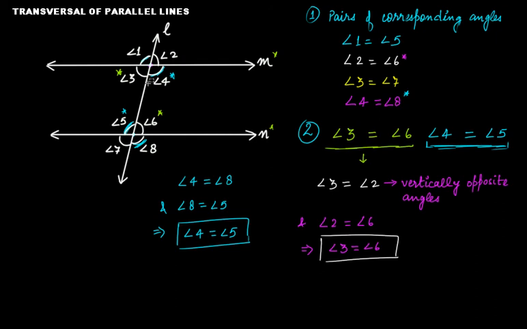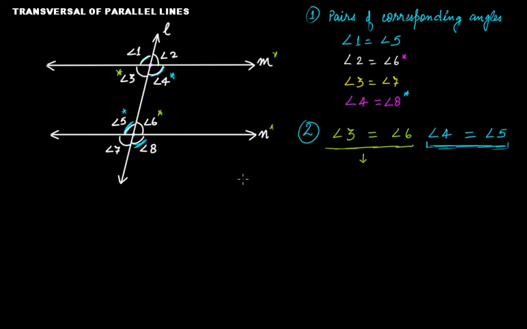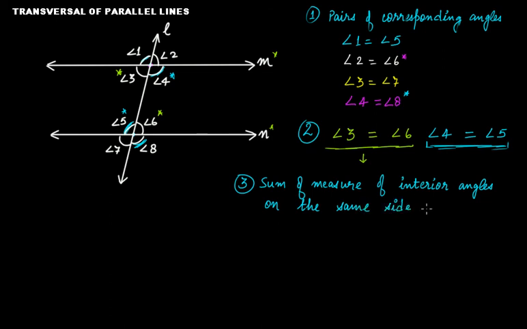Now, the third point. The third point is that the sum of the measures of interior angles on the same side of the transversal will be equal to 180 degrees.